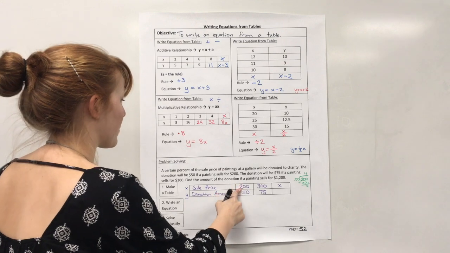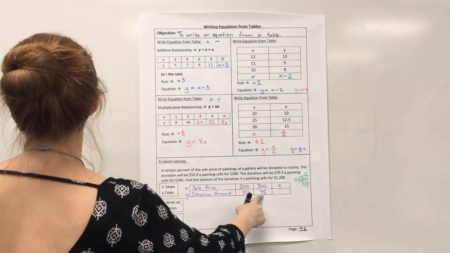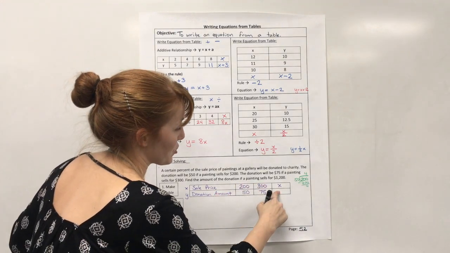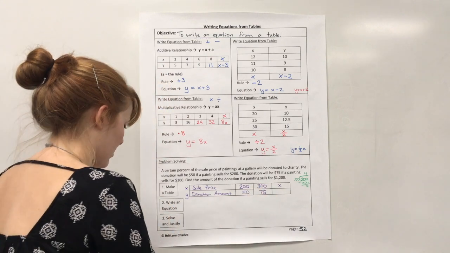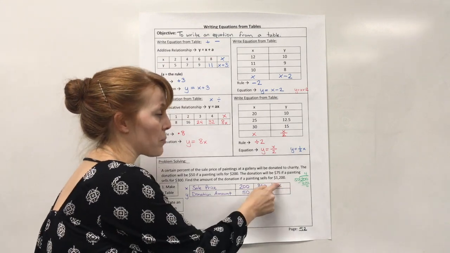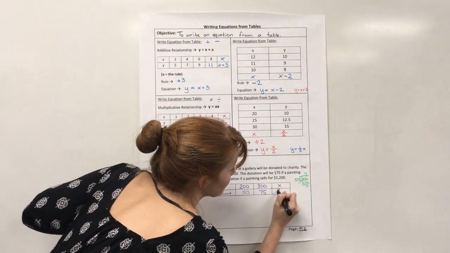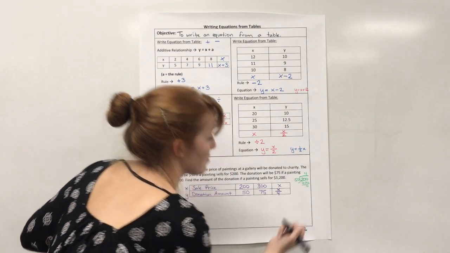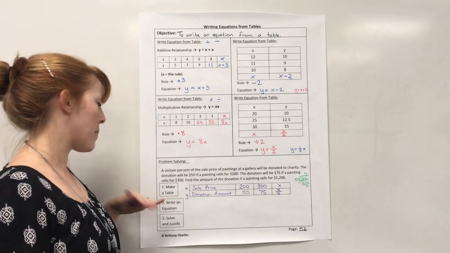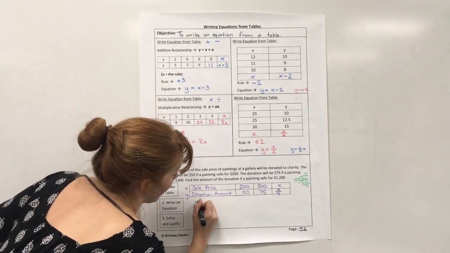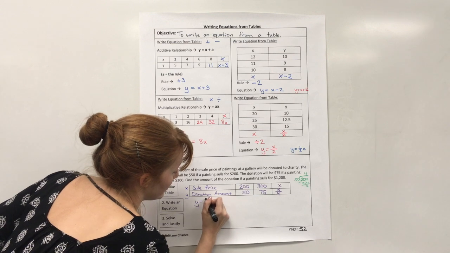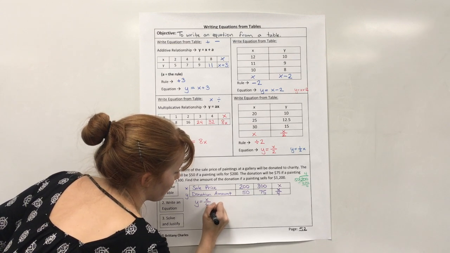So from here to here, divide by 4. From here to here, divide by 4. And then for my x, no matter what this sale price is, I'm going to divide it by 4. So this would be x over 4, or x divided by 4. So then my equation would be y equals x divided by 4.